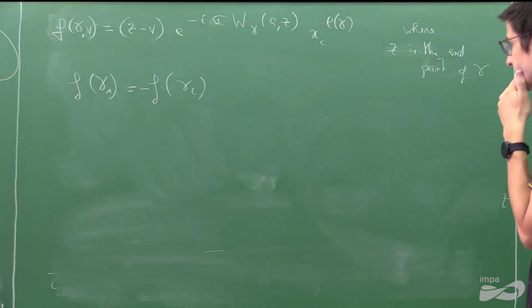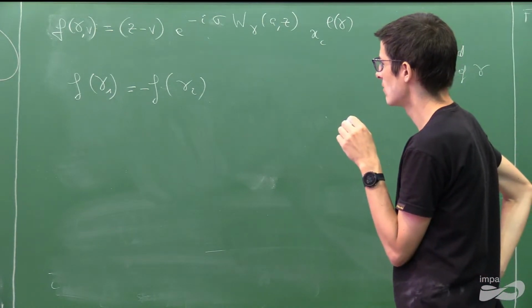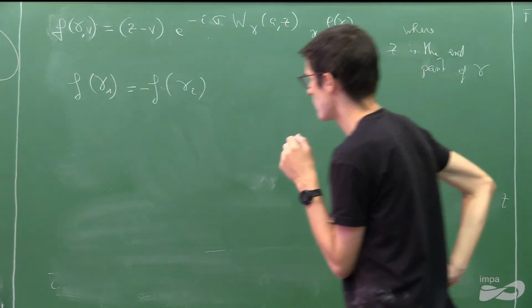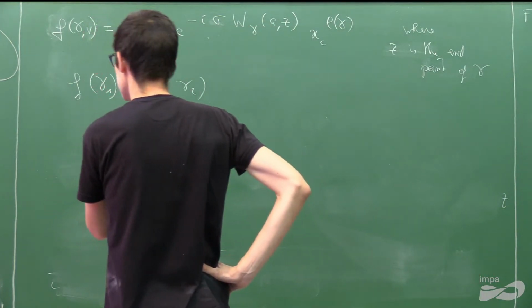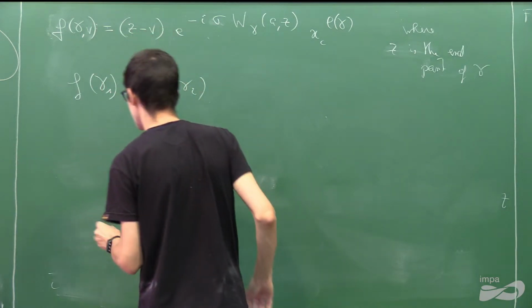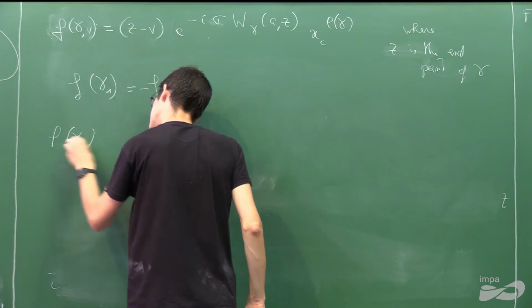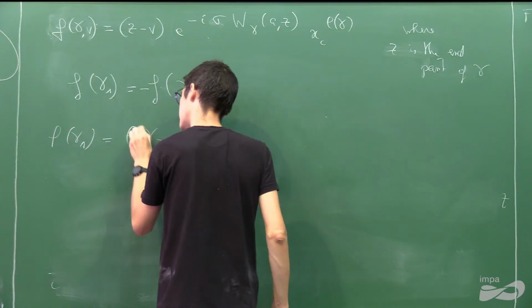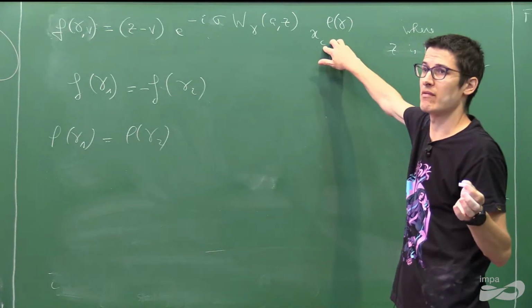So let's try to do it. If you look at L of gamma 1, it's equal to L of gamma 2. So these factors will be the same. You don't have to care about them.